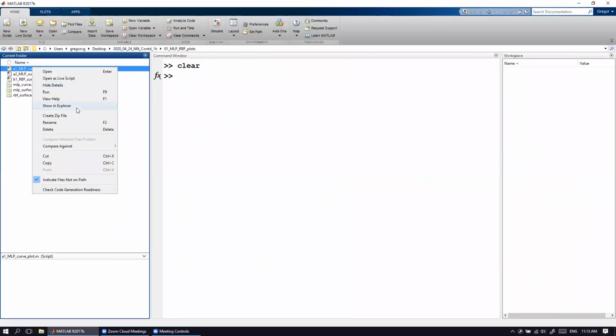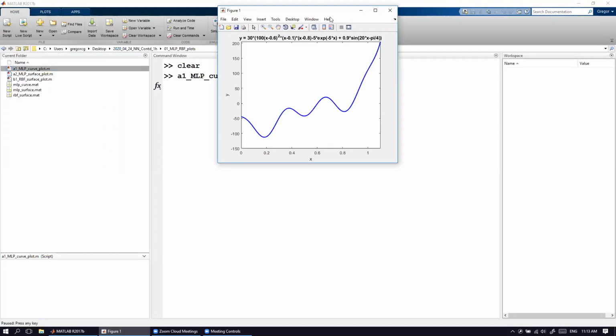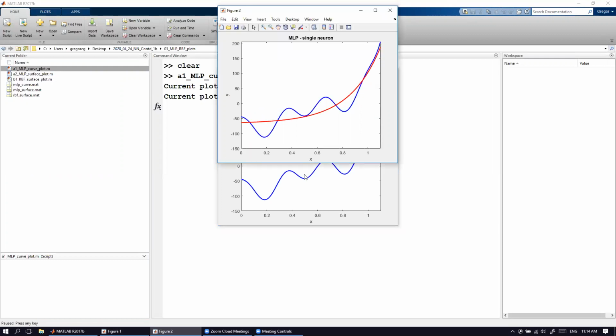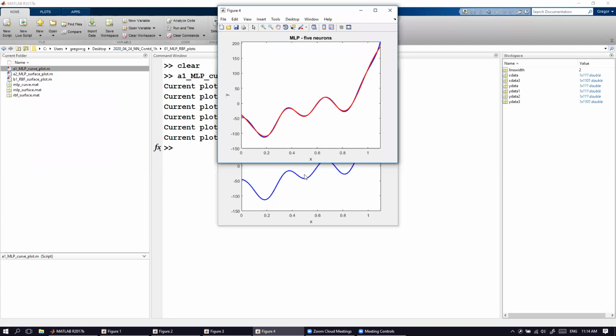If you plot the function with a single neuron, we would get an approximation like that. If we extend the network a bit with two neurons, we would get a better approximation. But we still see that two neurons would not be able to model all the complexity. So we extend it a bit with 5 neurons, and then we get the perfect match of the function we want to model, right?